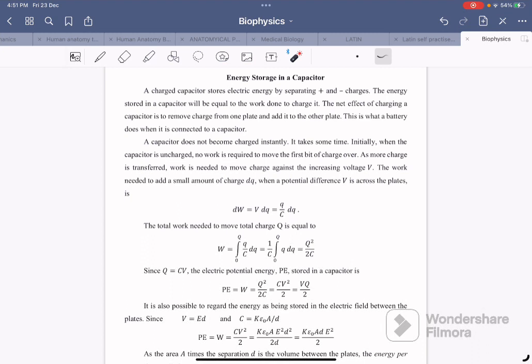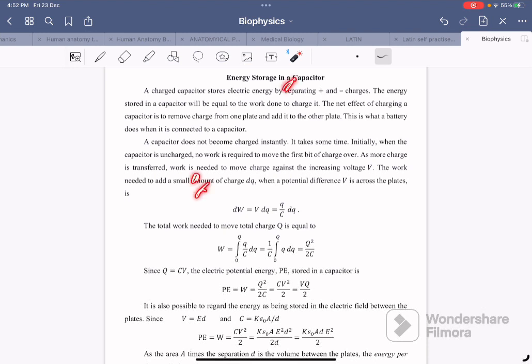The work done is indicated, for a small charge dq brought from infinity or from some certain distance, by dW equal to the potential difference between the two charges times dq, which is further equated as the actual charge divided by capacitance.